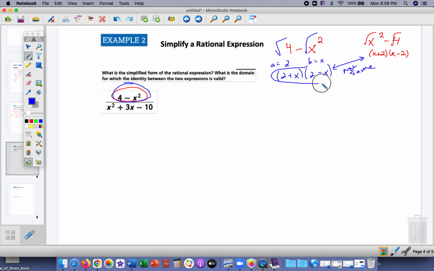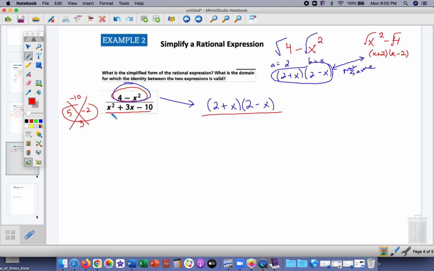So we're going to replace the numerator with 2 plus x in parentheses times 2 minus x. And in the denominator, we're going to factor this trinomial, what multiplies to negative 10 that adds to 3, so we know it's a 5 and a negative 2. So write x plus 5 times the quantity x minus 2.